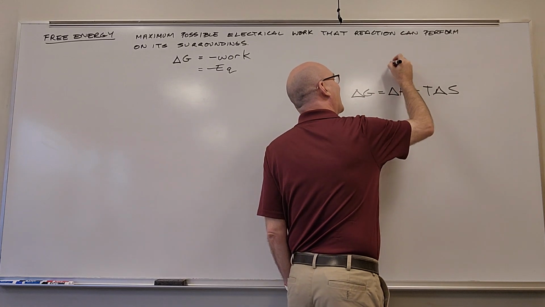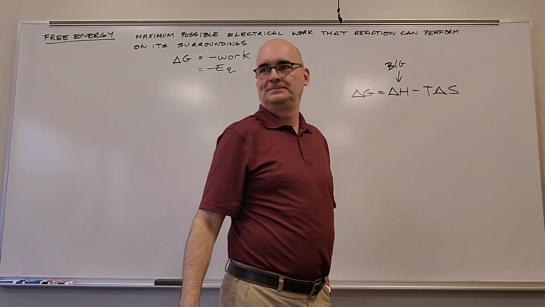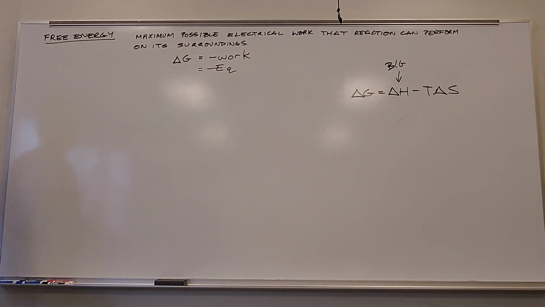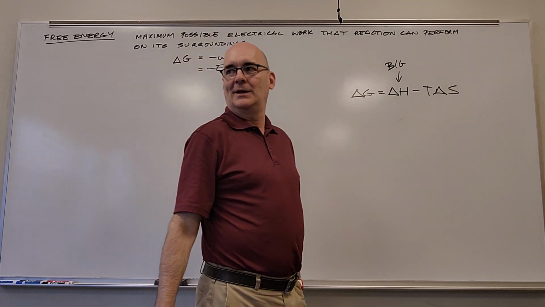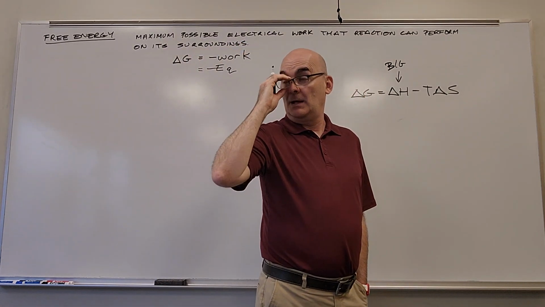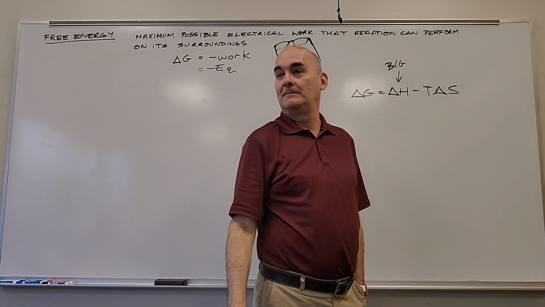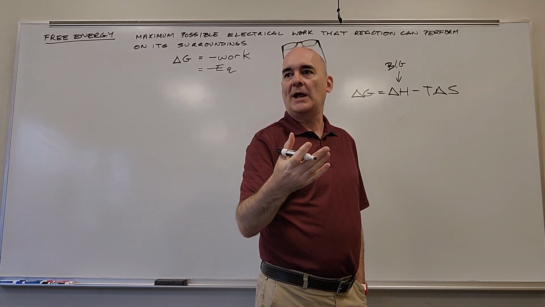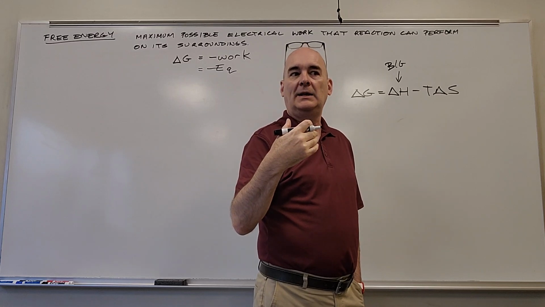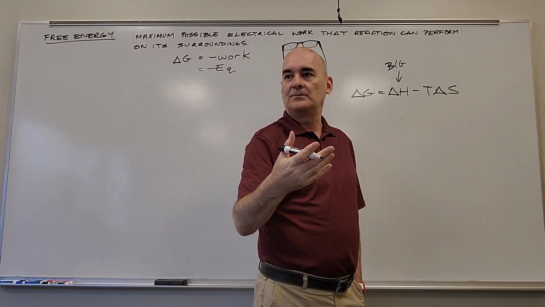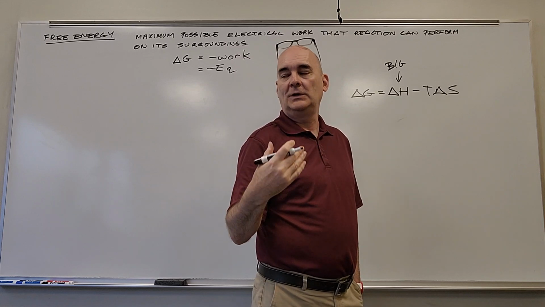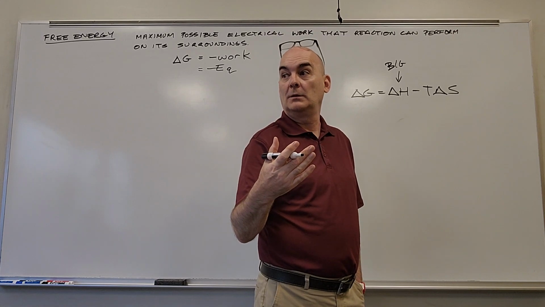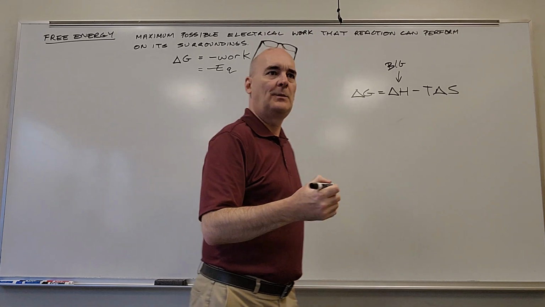Delta G equals delta H minus T delta S. And if we remember back, this number is big. Enthalpies are usually in kilojoules. Note I didn't say kilojoules per mole. Because delta G is going to be measuring for a reaction, and delta H is for a reaction. And for a reaction, we don't say kilojoules per mole, because kilojoules per mole of what?